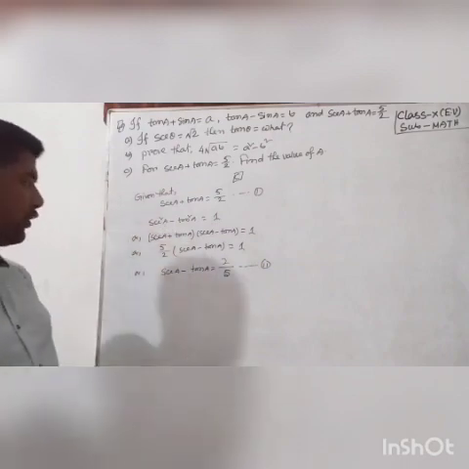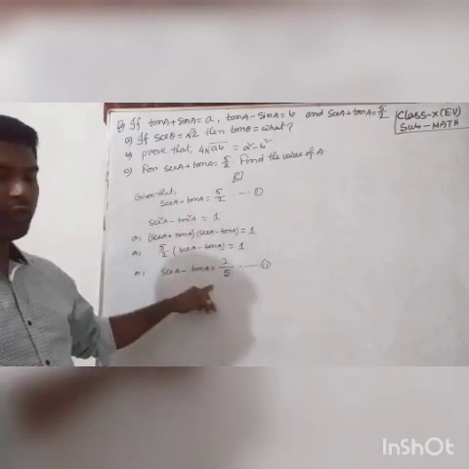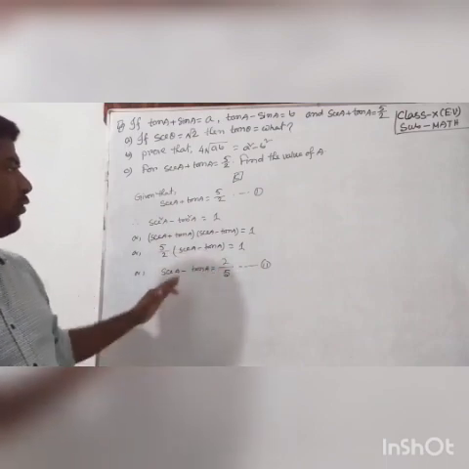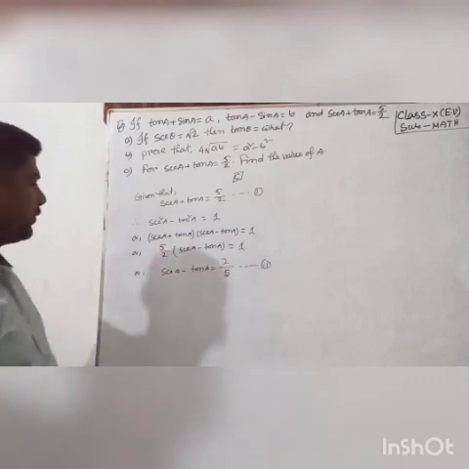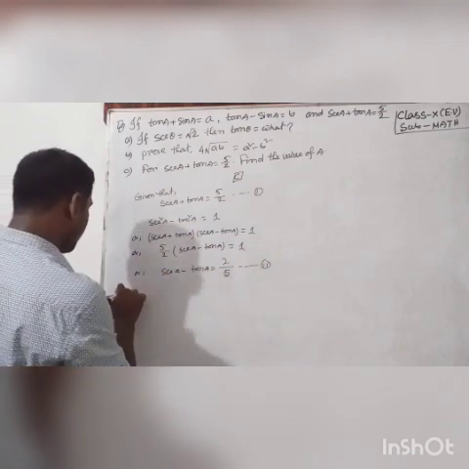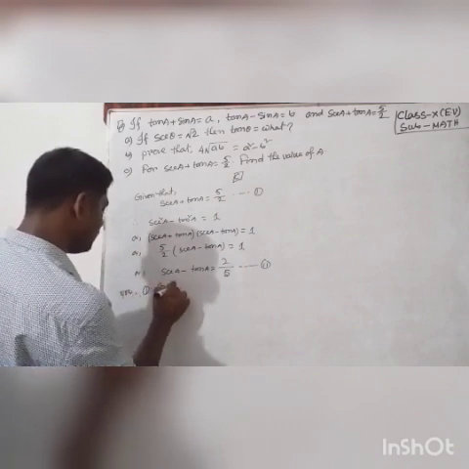Okay, we find two equations: sec a plus tan a equals 5 by 2 and sec a minus tan a equals 2 by 5. Now we subtract equation 2 from equation 1.